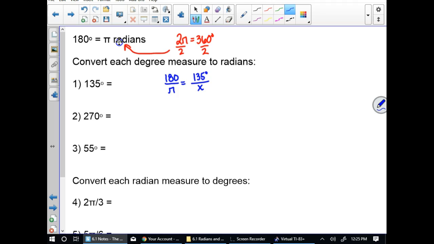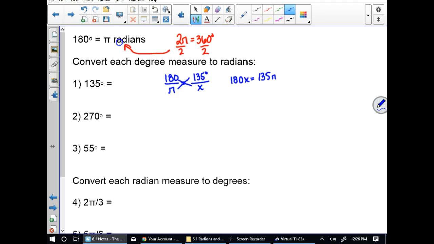Now you could set up this proportion differently if you wanted to. You could say 180 over 135 equals pi over X, or you could say pi over 180 equals X over 135. You can set up proportions a lot of different ways. But if we set up using that 180 and pi, we could cross multiply, so we get 180X equals 135 pi.